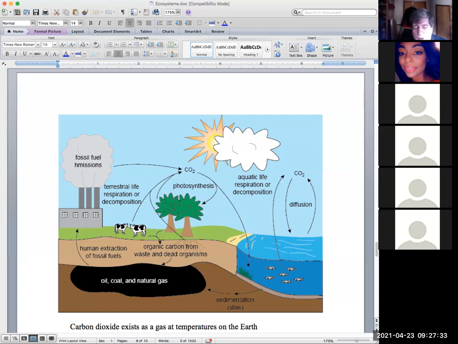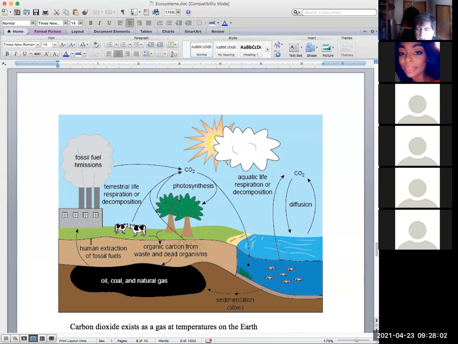Now, if humans don't intervene, then for all the carbon that's stored in this oil and coal and natural gas, for all of that to return to the air, it's going to take millions of years. First of all, it takes millions of years for oil and coal and natural gas to be formed. But now what has to happen is a geological process called erosion.